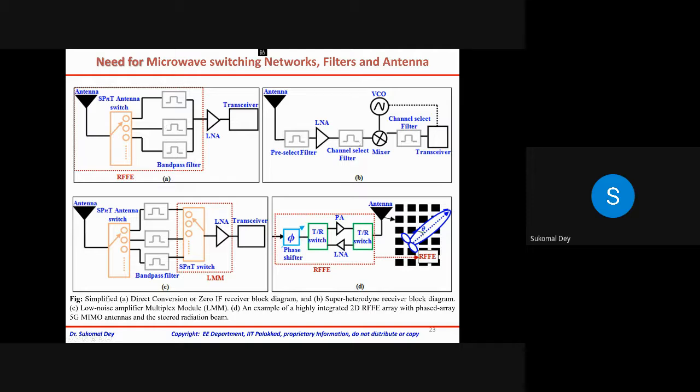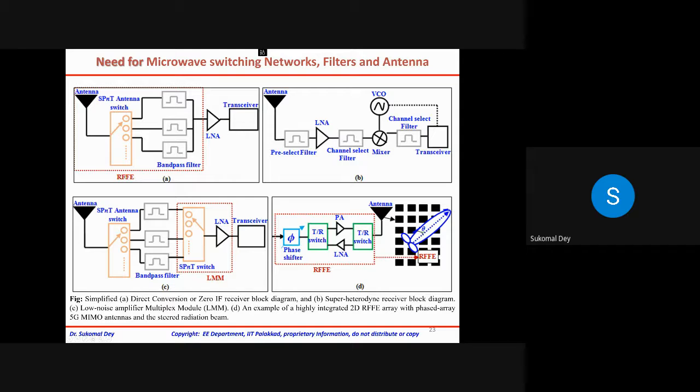In the next one, you can see it is also a superheterodyne receiver, where there is a filter, a mixer, and a VCO, all connected. And again, in the third figure, you can see a very interesting setup. It is called the low noise amplifier multiplex module, in short LMM.